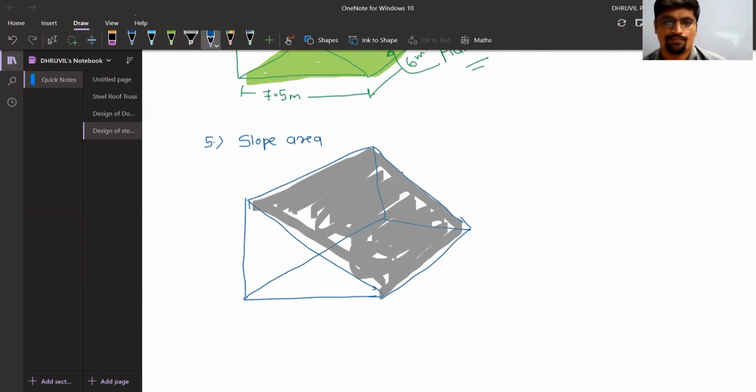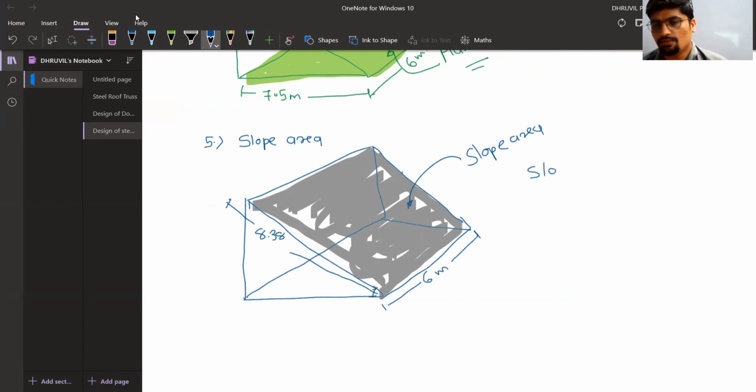This sloping portion is known as slope area. We know this length is 8.38, and this is our 6 meter. So slope area is equal to 8.38 into 6, which is 50.28 meters square.